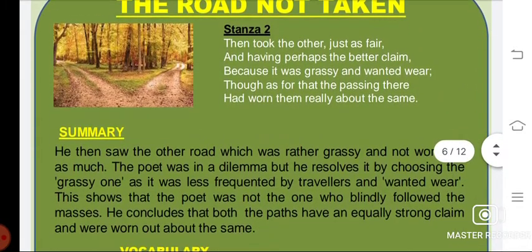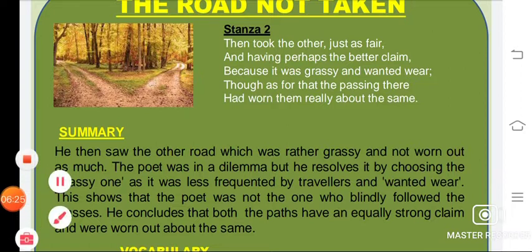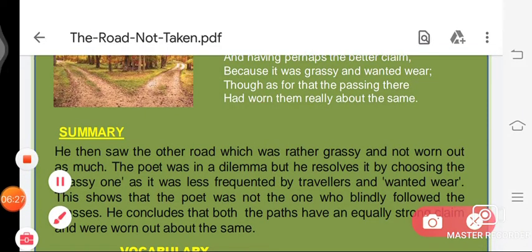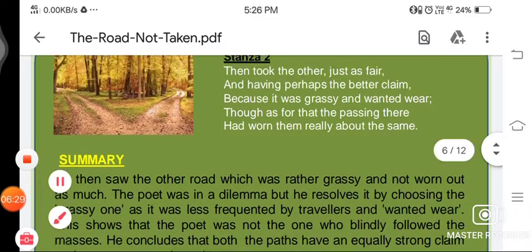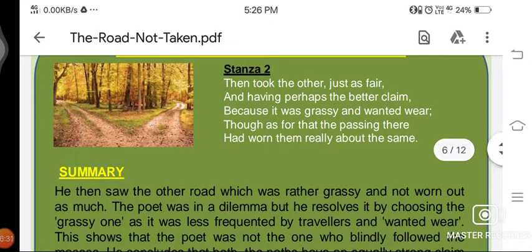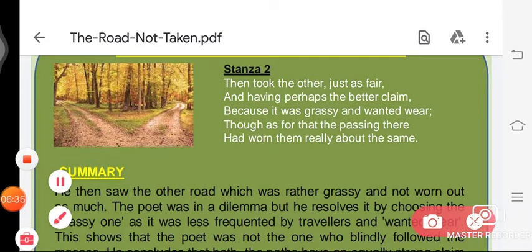Now we come to stanza 2. Then took the other, just as fair, and having perhaps the better claim, because it was grassy and wanted wear, though as for that the passing there had worn them really about the same.